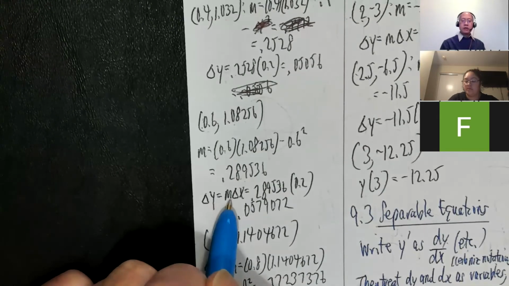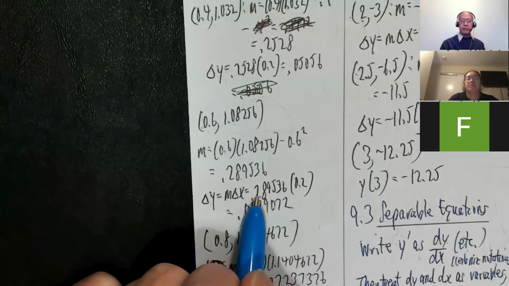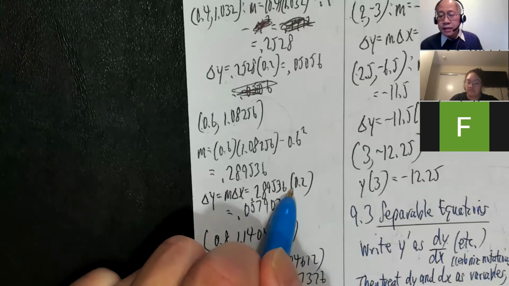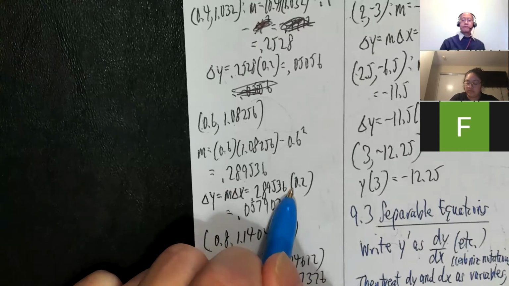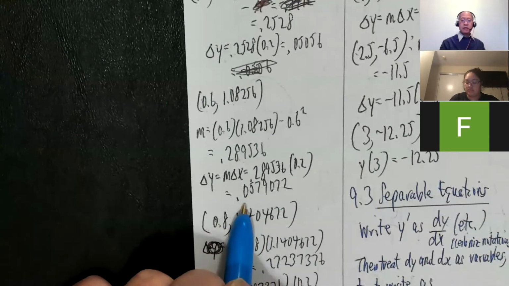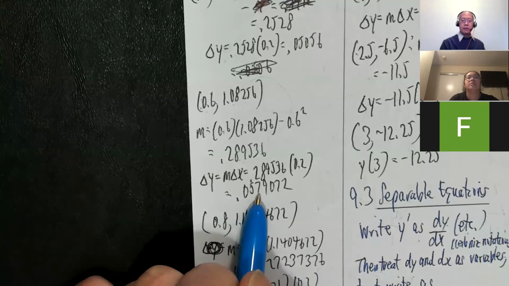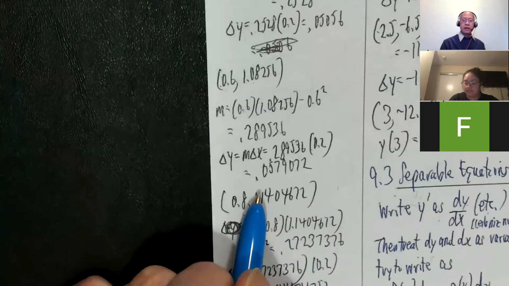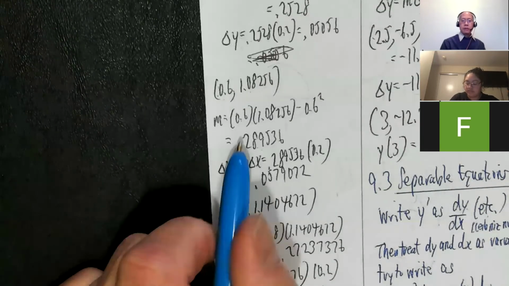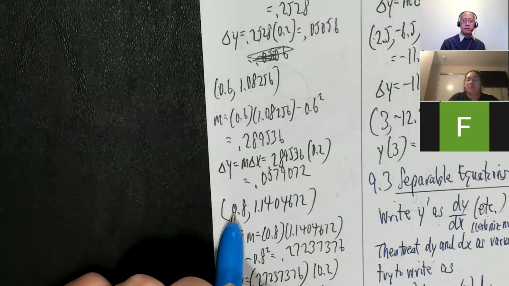Delta y equals m delta x. So here's my m. Delta x stays 0.2 all the way through. And that times that comes out to be 0.057, and so on. That's my delta y. That's how much I'm going to rise. So I'm at 0.8. I'm almost done.